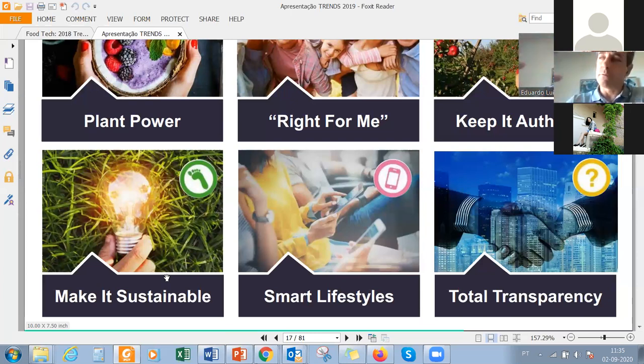When we present to students that when thinking about new food products they have to take into consideration the issue of sustainability, this means that it will appear in the classes related to sustainability across the food chain. So there's a module on the course related to sustainability issues.